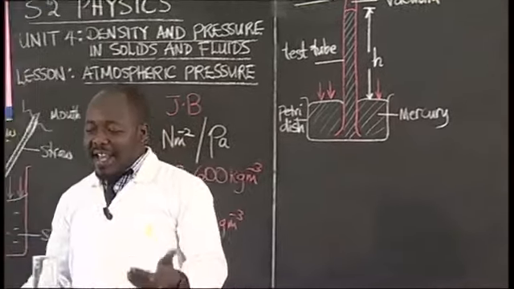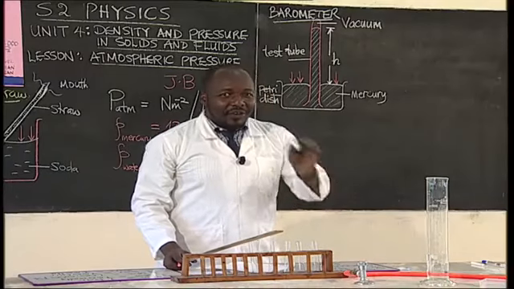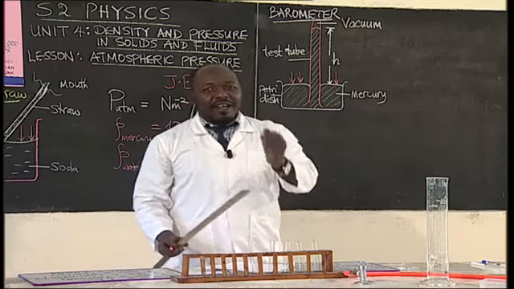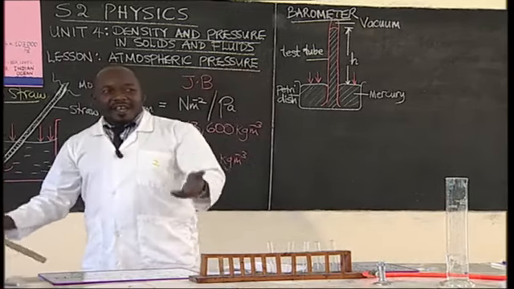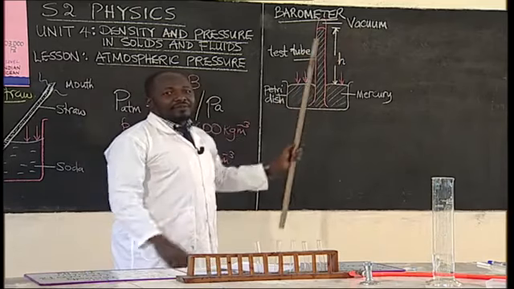What do you call an empty space without anything? Vacuum. Good. Vacuum is a space without anything. So above this mercury, we are going to have a vacuum.